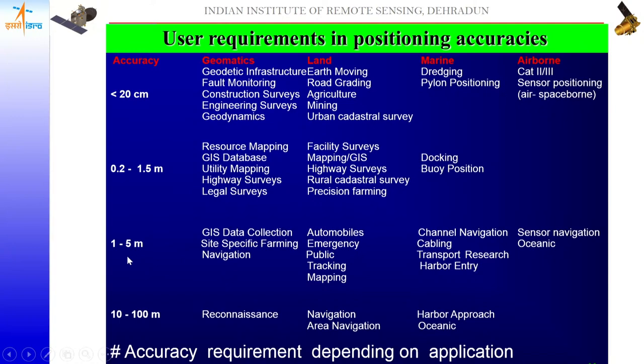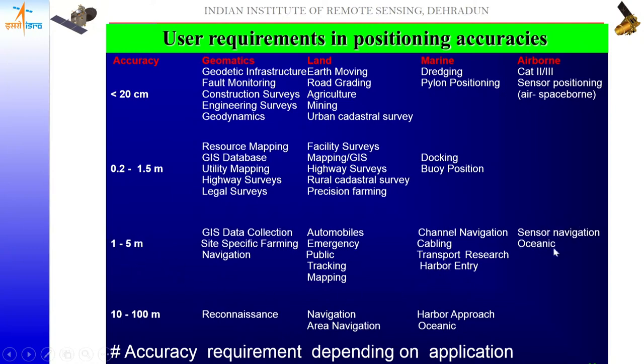Then 1 to 5 meter accuracy we need for GIS data collection, site specific farming, navigation, and on land automobiles, emergency, public tracking, mapping. So 1 to 5 meter is okay; we can work with it for all these objectives. Then in marine we can do channel, cabling, transport research, harbor entry. All this can be managed by this accuracy.